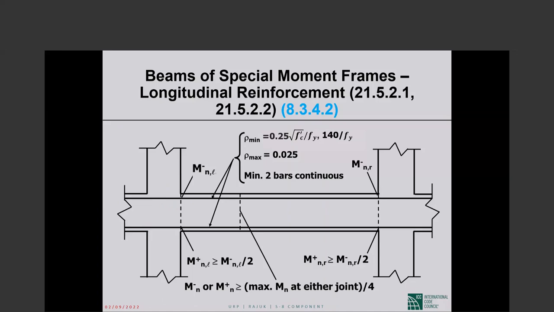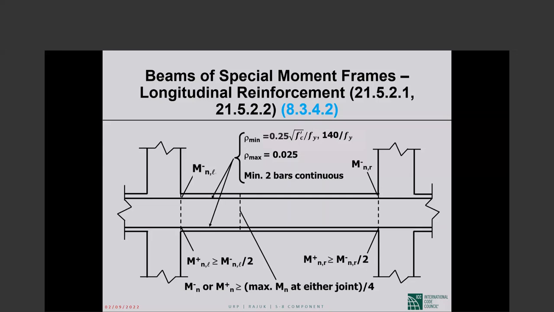The positive moment strength shall be no lower than half the negative moment strength at the support section. I'll say it again. The positive moment strength shall not be any lower than 1/2 of the negative moment strength at the support section. This is extremely important.